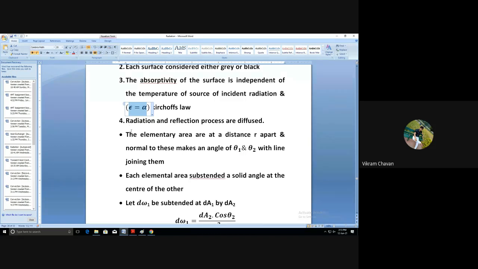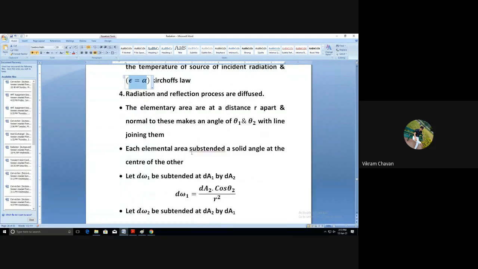Then the elementary areas are at a distance r apart, and their normals make angles theta 1 and theta 2 with the line joining them. Each elemental area subtends a solid angle at the center of the other. We have discussed the solid angle subtended at the other surface, which depends upon the exposure of one area to another.